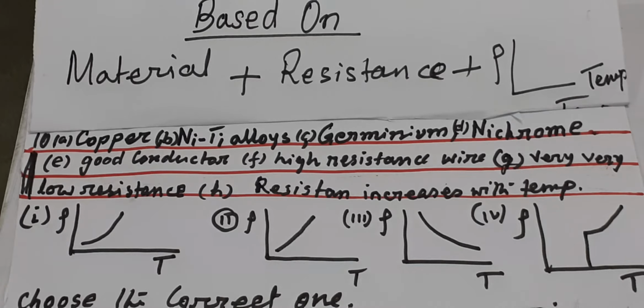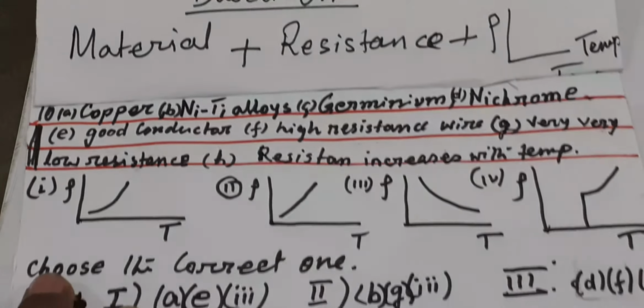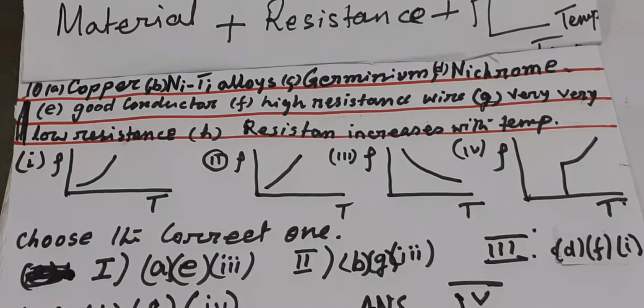And there are a few points in terms of resistance given: good conductor, high resistance wire, very low resistance, resistance increases with temperature.